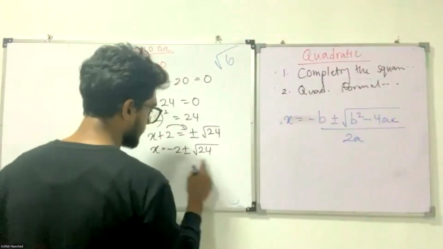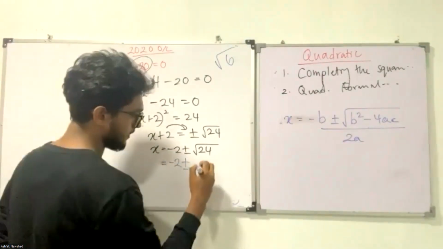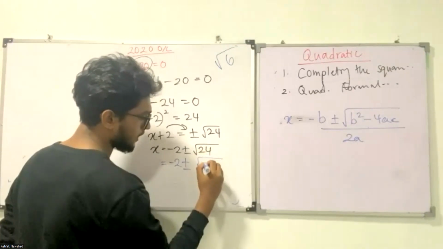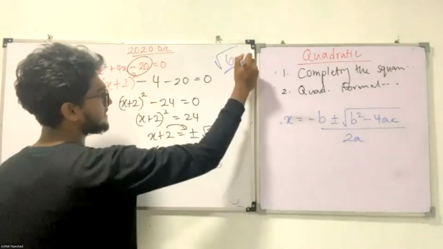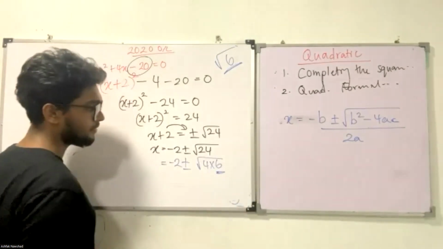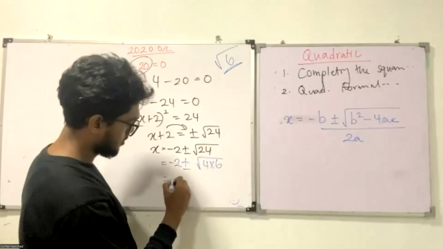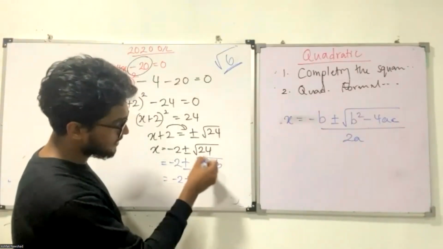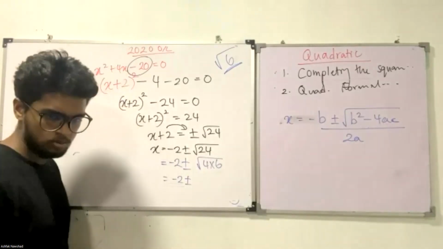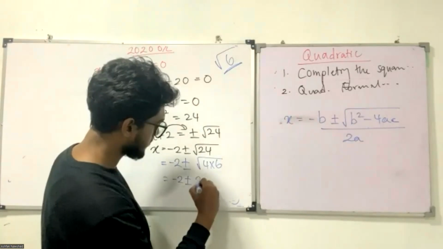This is an entire surd, so we'll have to make this a surd. Root 24: 24 is 4 times 6. I looked at the 6 and thought of dividing the factors by 6. Minus 2 plus or minus root 4 times root 6. What is the square root of 4? The square root of 4 is 2.